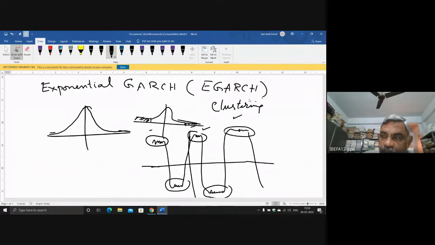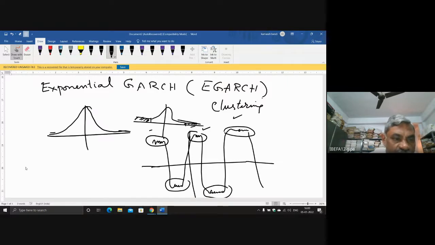So to capture thick tails and volatility clustering, these EGARCH models are proposed. So these EGARCH models may not capture what is known as the leverage effect.